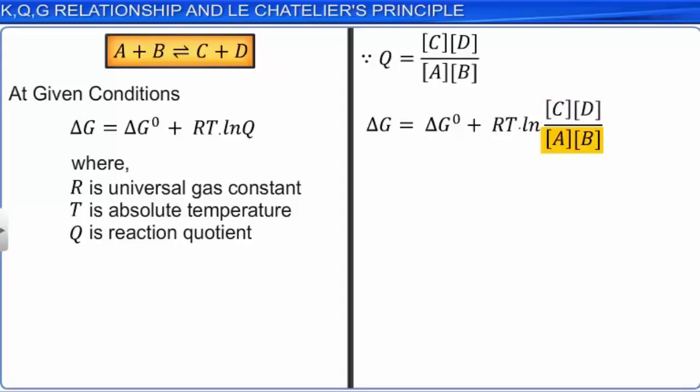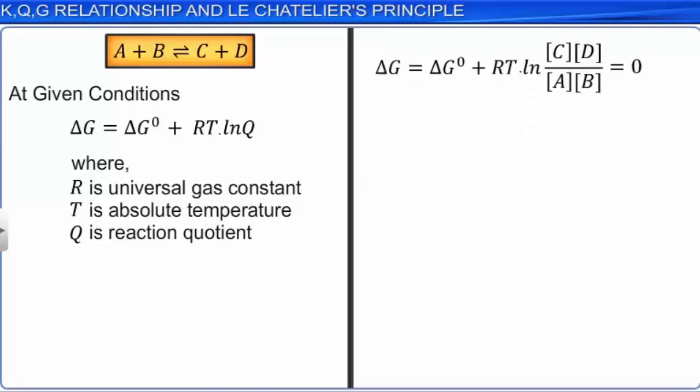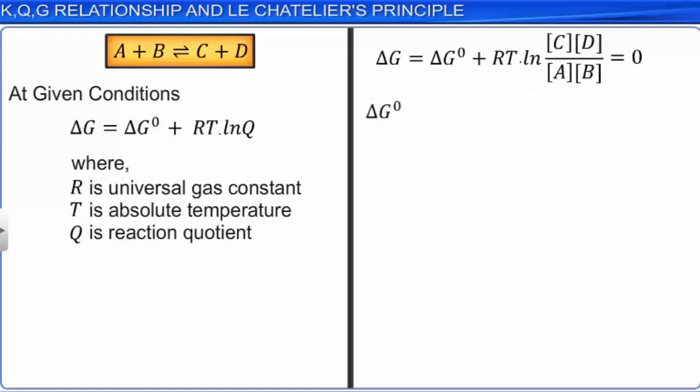At equilibrium, when delta G is equal to 0 and Q is equal to the equilibrium constant Kc, the equation becomes delta G is equal to delta G naught plus RT ln Kc is equal to 0. This can be written as delta G naught is equal to minus RT ln Kc, or ln Kc is equal to minus delta G naught divided by RT.